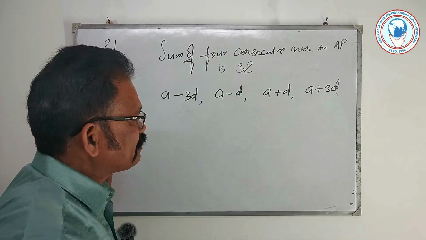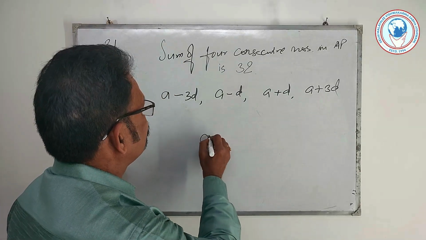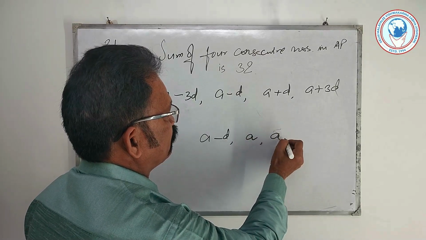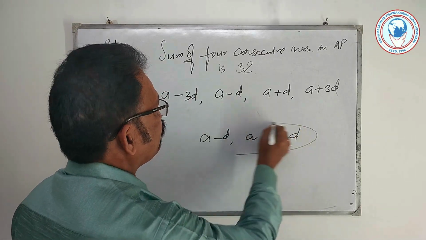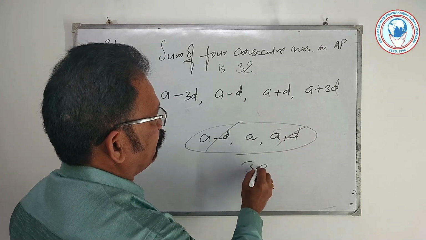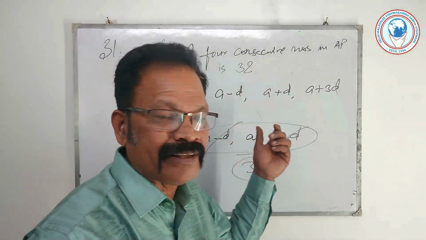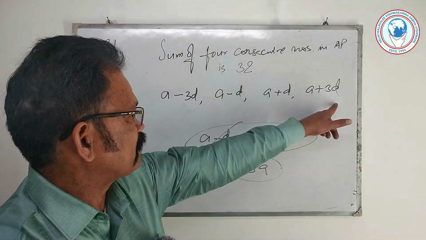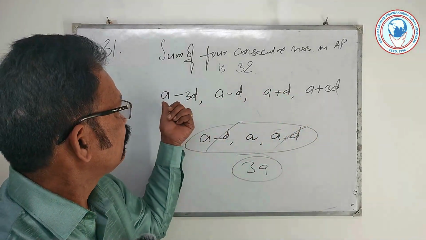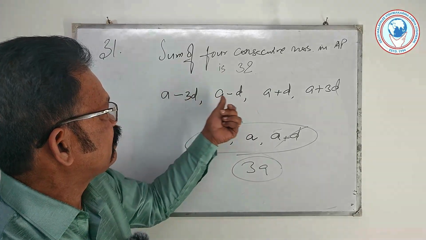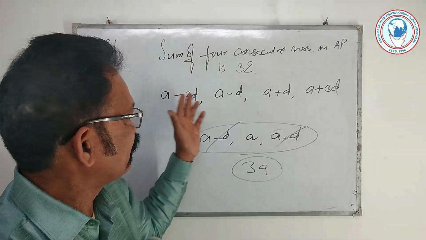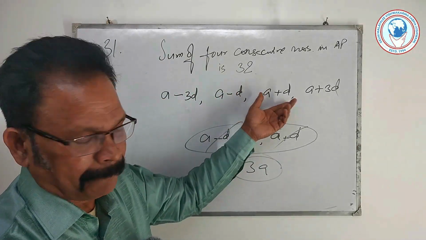Remember, when 3 numbers are given, you always take a minus d, a, a plus d, so that if we add these all, we get 3a. But when 4 numbers are given, you take a minus 3d, a minus d, a plus d, a plus 3d. If we add all these numbers, all the d's will cancel: minus 3d, minus d, plus d and plus 3d. So all the d's will get cancelled, and we are remaining with only a.